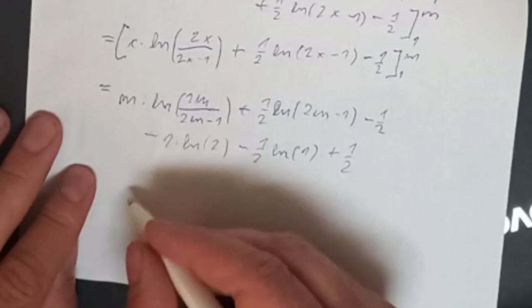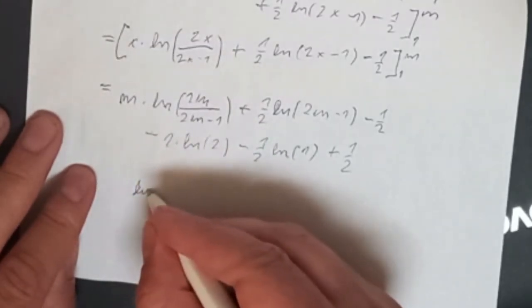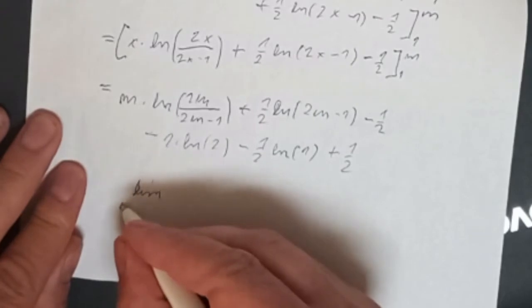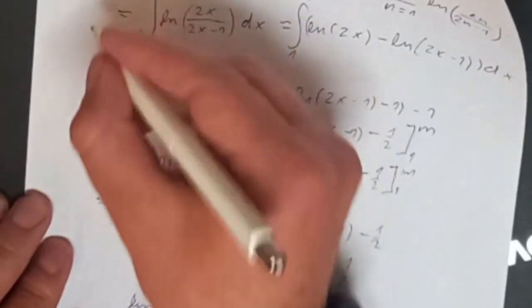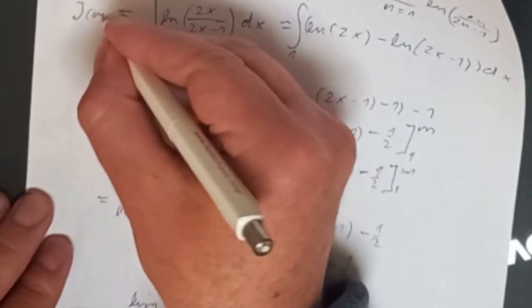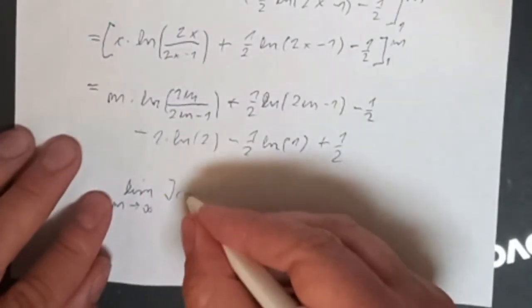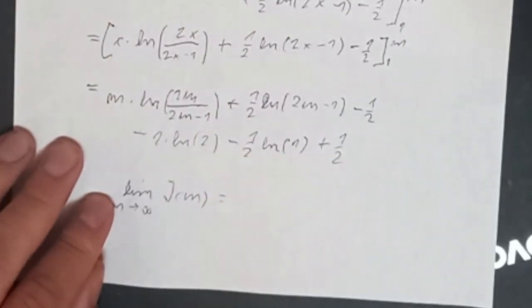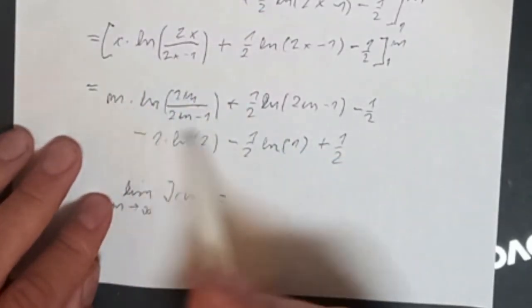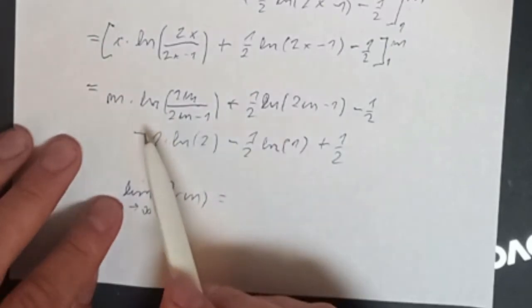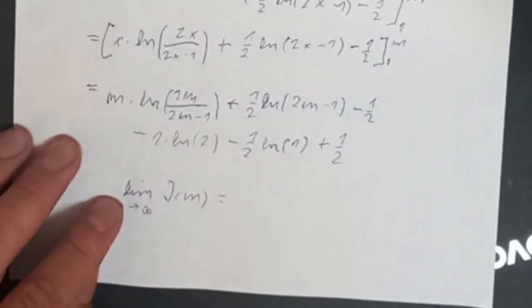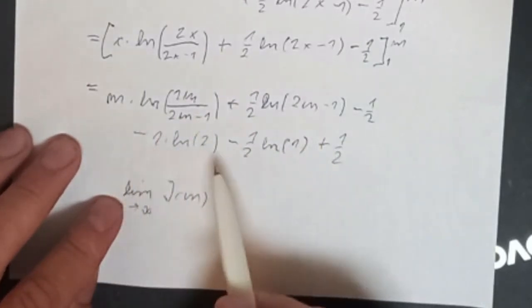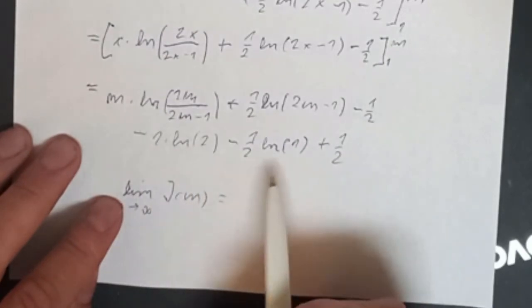What happens if m goes to infinity? Okay, we need a name. This is I_m. This here is at least positive because 2m is bigger than 2m minus 1. This here is finite, negative but finite.